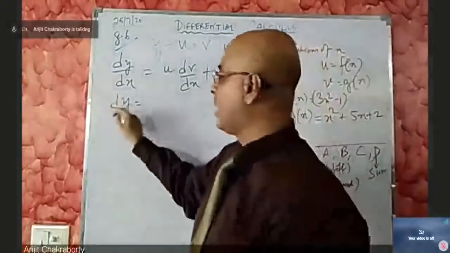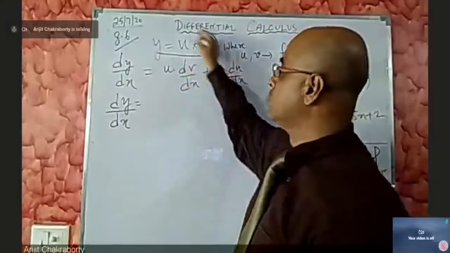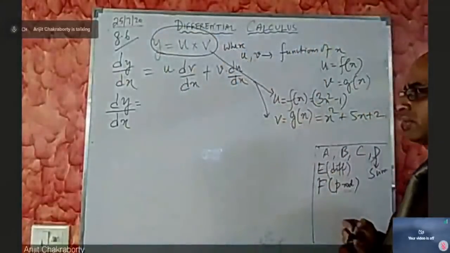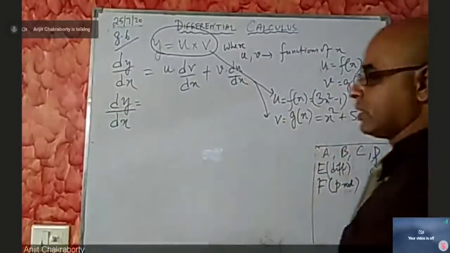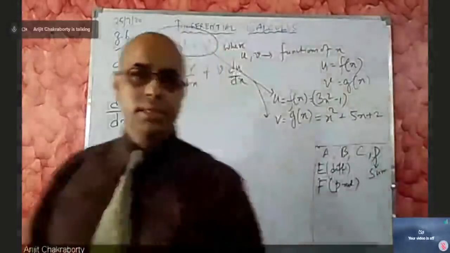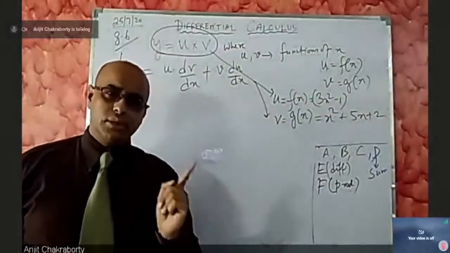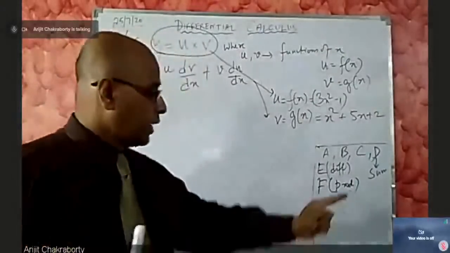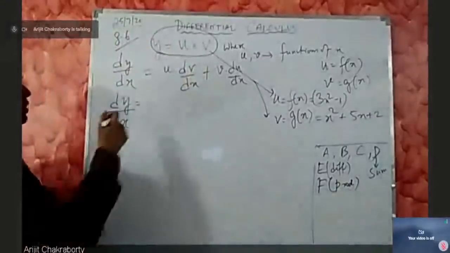Now we have to find dy by dx because y is equal to u into v, and you can see the values of u and v are given. U is equal to 3x square minus 1 and v is equal to x square plus 5x plus 2. So dear students, we are about to apply the product rule, that is formula number F, and the principle is like this.